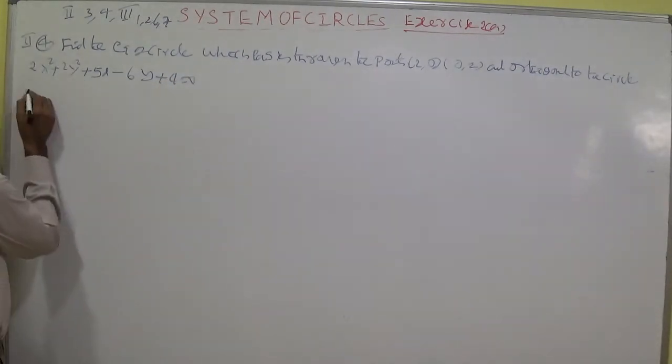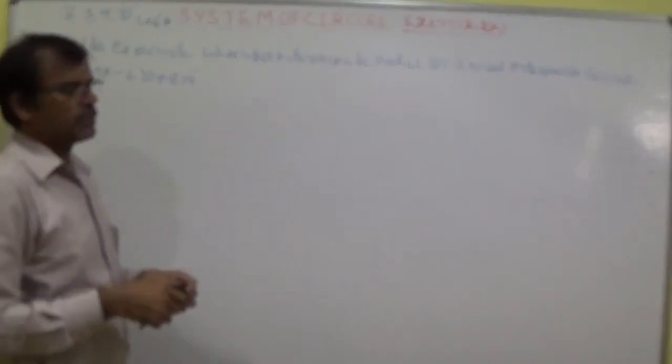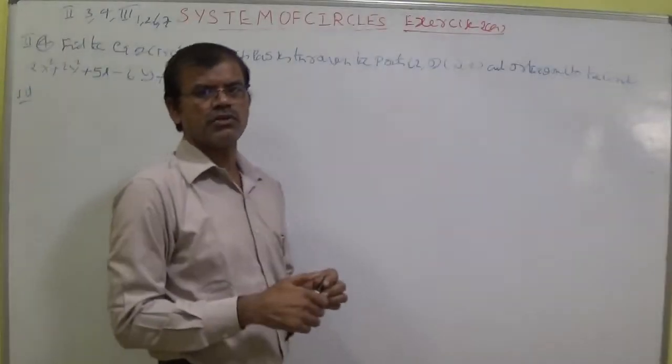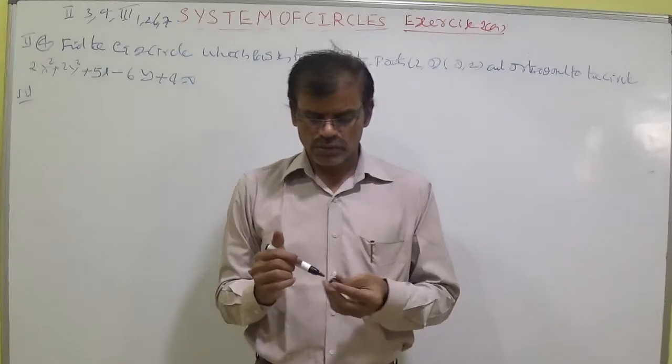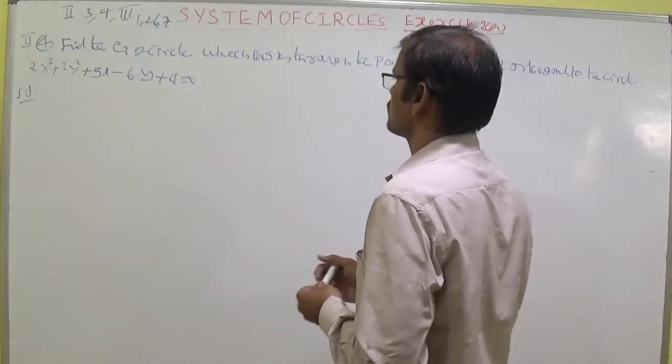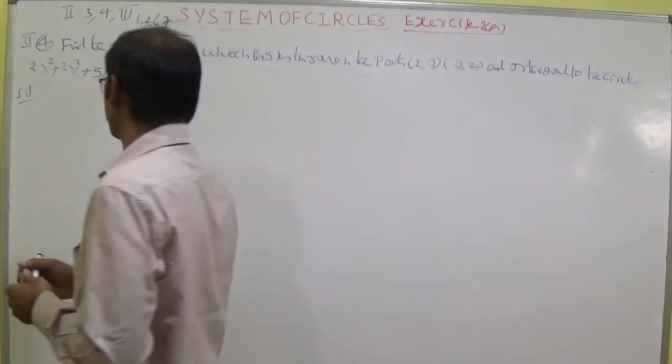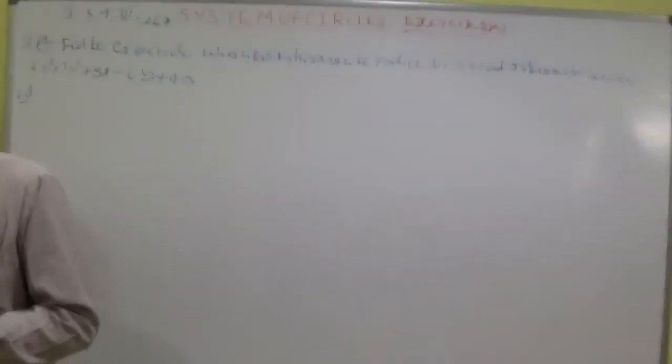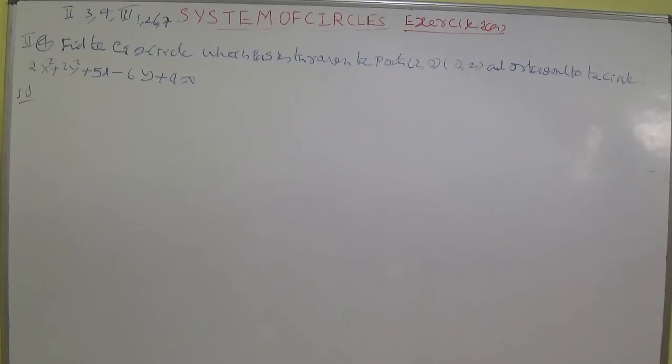Find the equation of circle which passes through the points 2 comma 0, 0 comma 2 and orthogonal to the circle 2x square plus 2y square plus 5x minus 6y plus 4 equal to 0. Here we can understand that the equation of a circle, let the required equation of circle be x square plus y square plus 2gx plus 2fy plus c equal to 0.